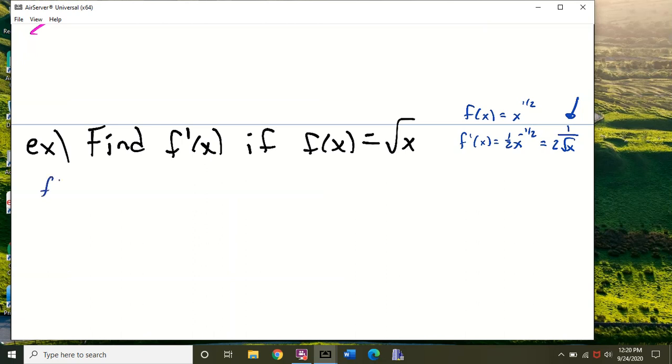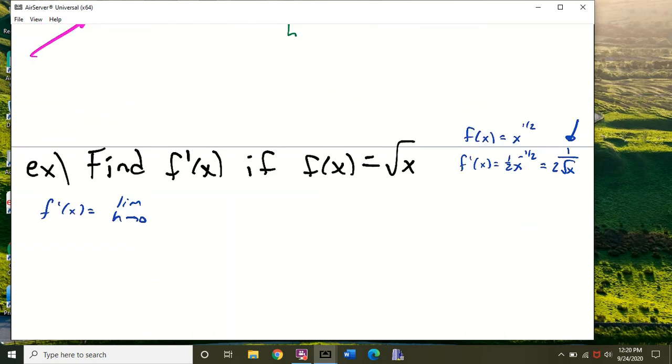So f prime of x is the limit as h approaches 0 of f of x plus h minus f of x all over h. And it's very similar to the other form. Here we're going to replace f of x plus h and f of x in the numerator with what we're working with in this problem.